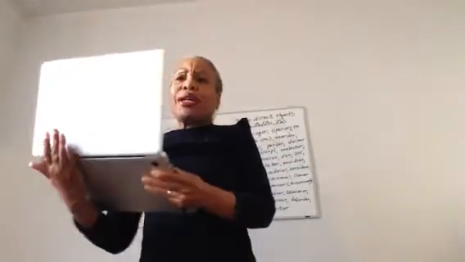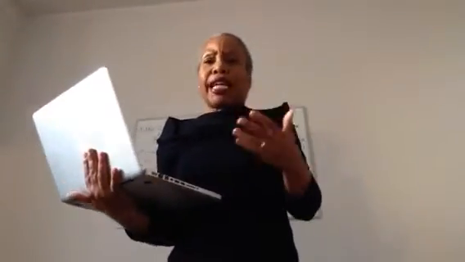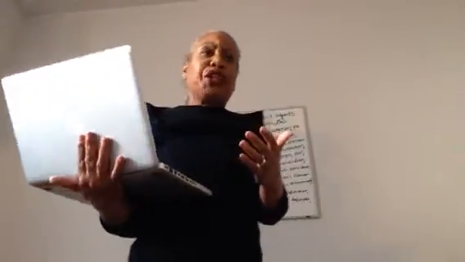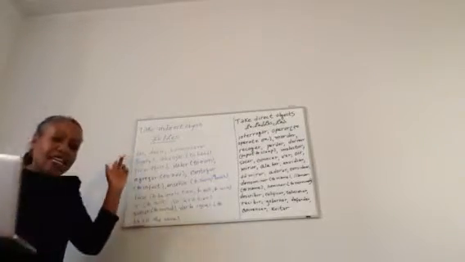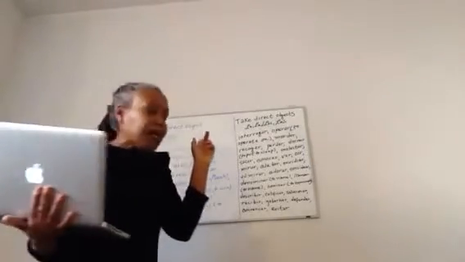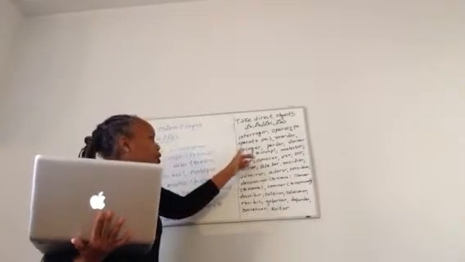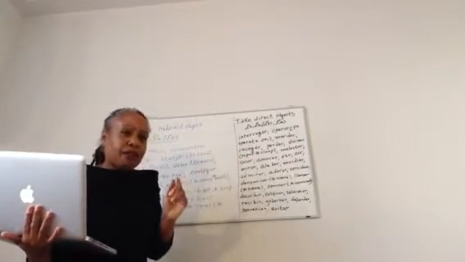So what I did was on the board, and that's why I waited a couple seconds before I entered into the video, I have here verbs that normally take the indirect object, and I have verbs that normally take the direct object.